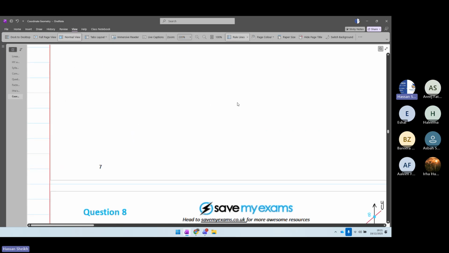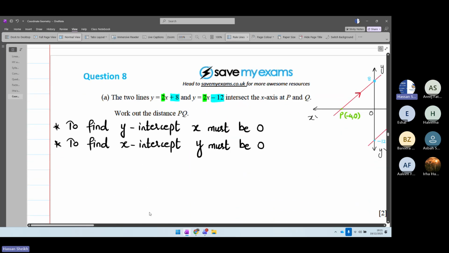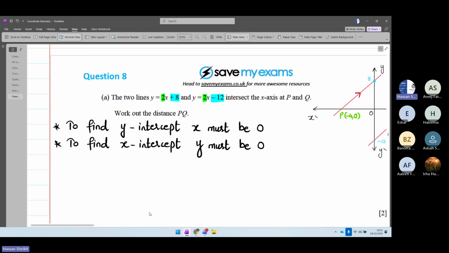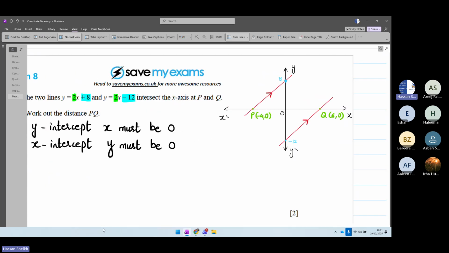Okay, this one, question number 8, is a bit different from the previous questions. Two lines, y equals 2x plus 8 and y equals 2x minus 12, intersect the x-axis at P and Q. Now check out the two lines.